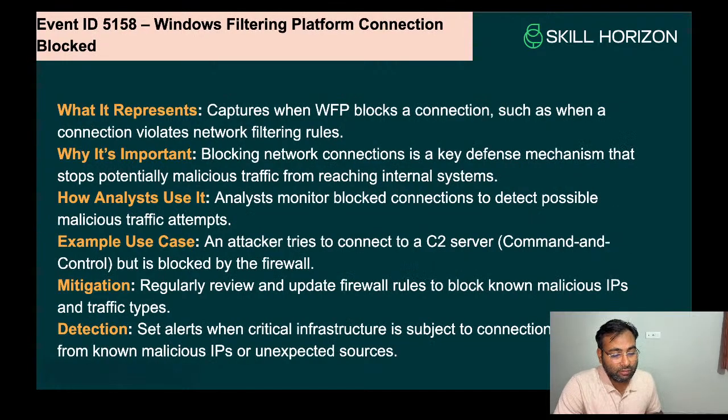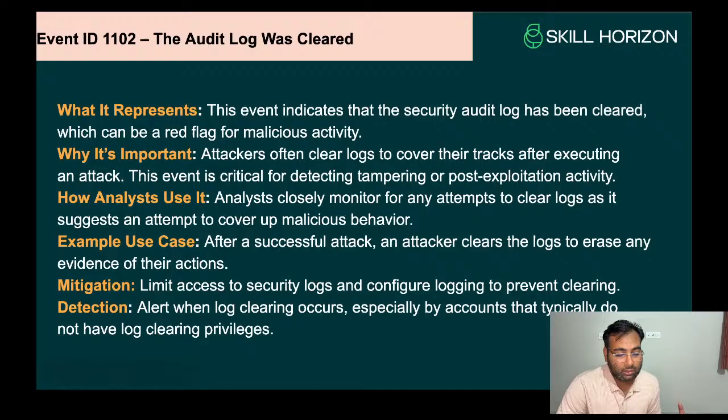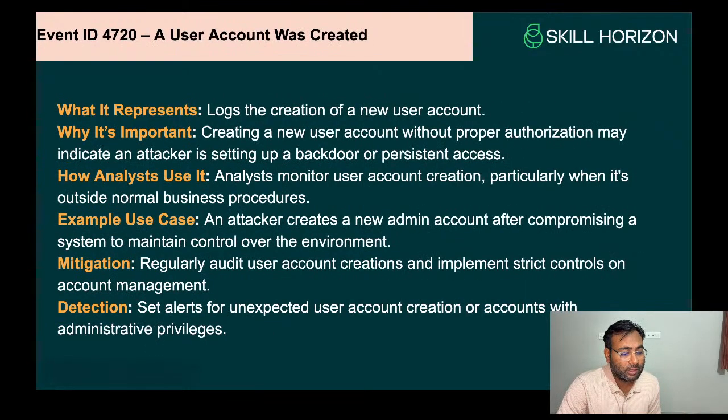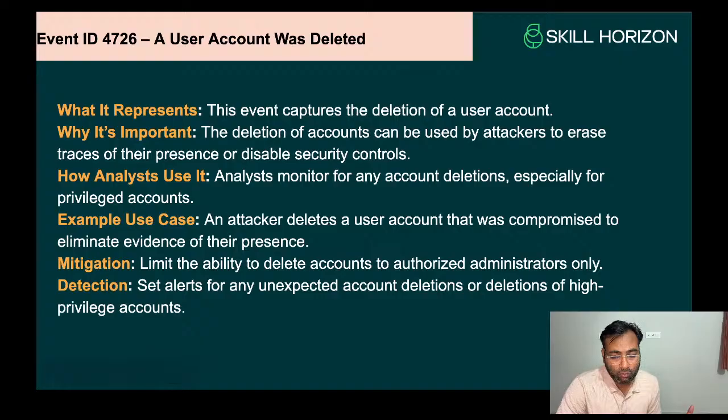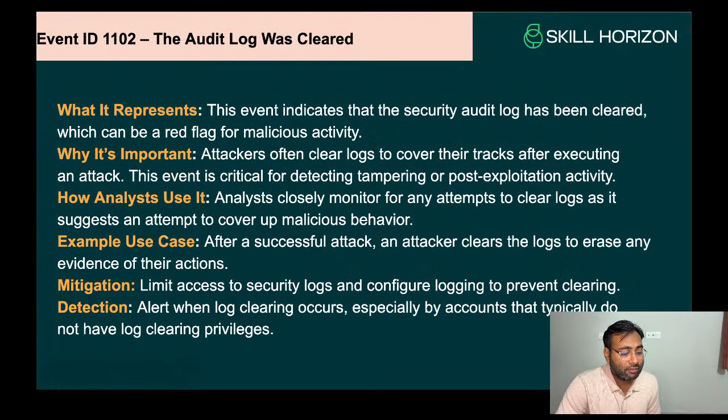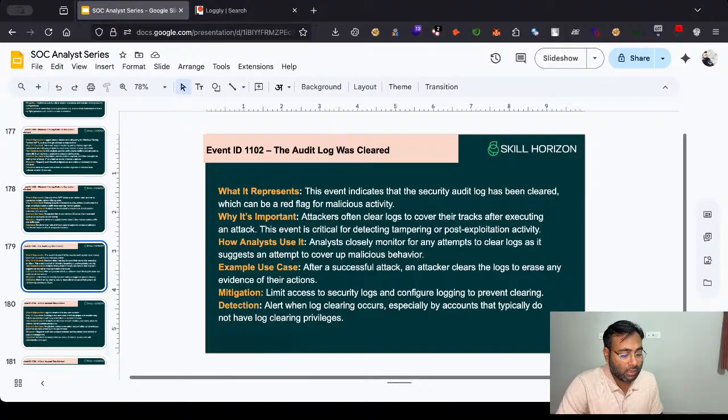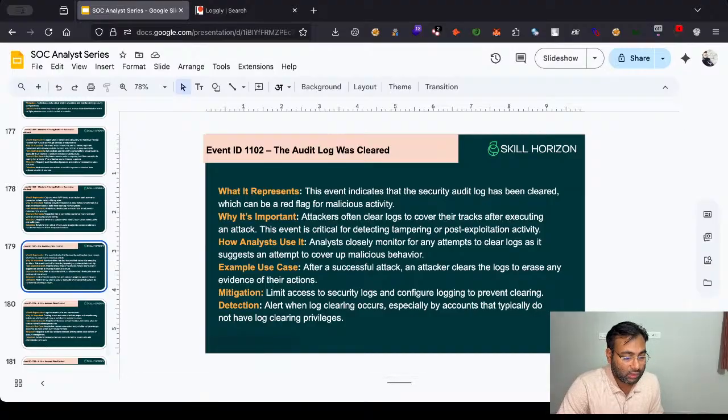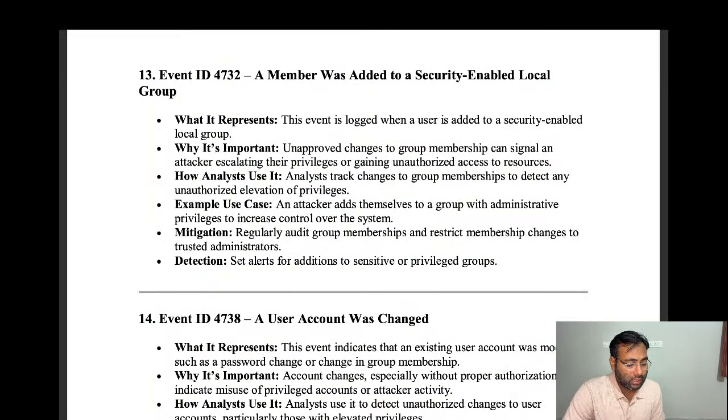So that's why those event IDs are very useful and helpful for you. I have created material particularly for the top event IDs. Like if a user account was created, then 4720 will be generated. If a user account was deleted, then 4726 was generated, right? I have a PDF document, and you can check this out.